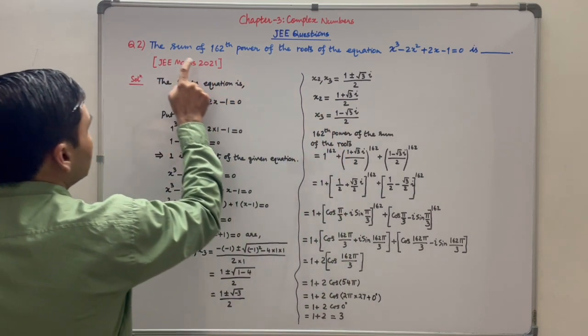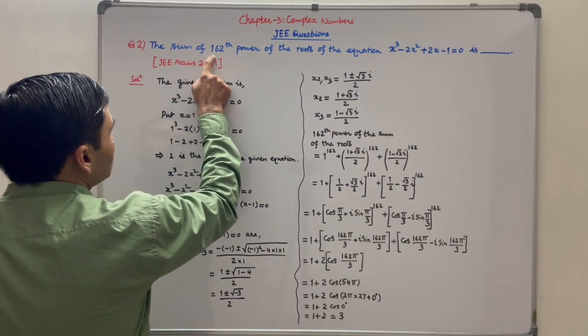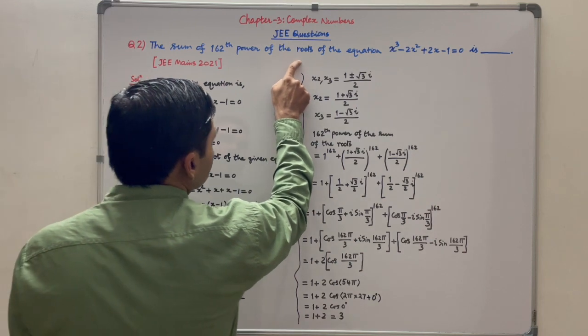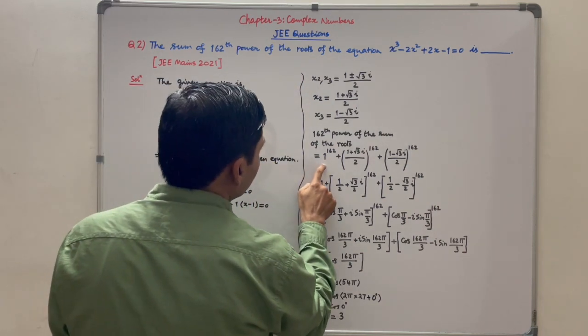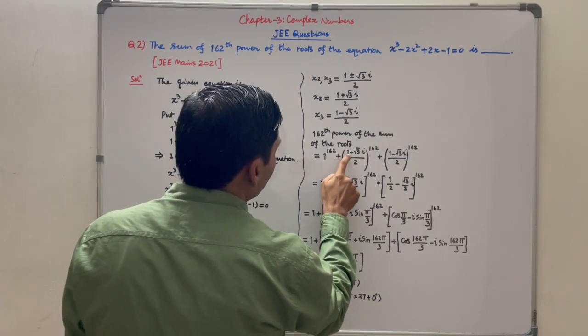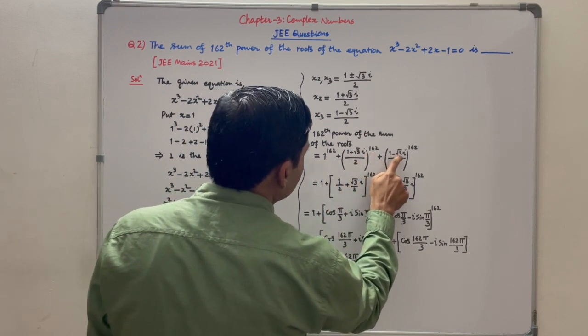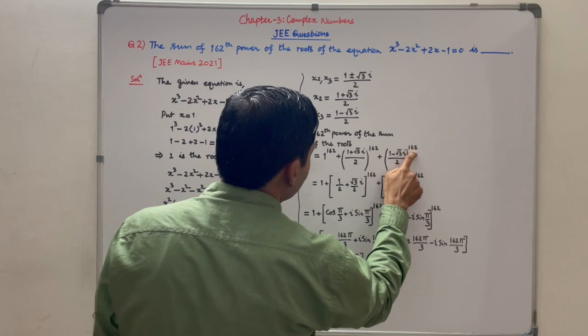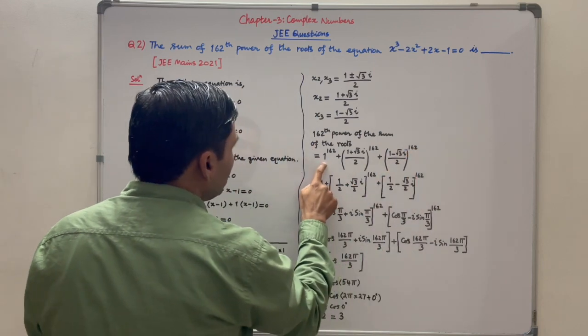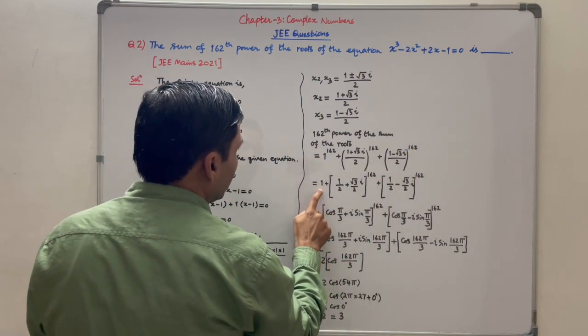Now we have to get the sum of the 162nd power of the roots. So it will be 1^162 + ((1 + √3i)/2)^162 + ((1 - √3i)/2)^162. 1^162 is equal to 1.